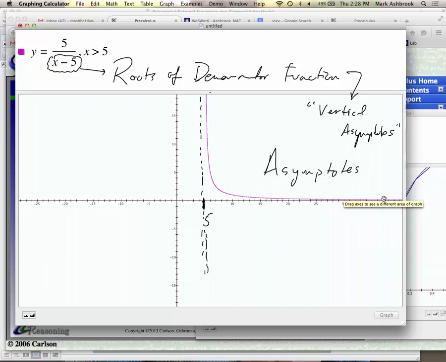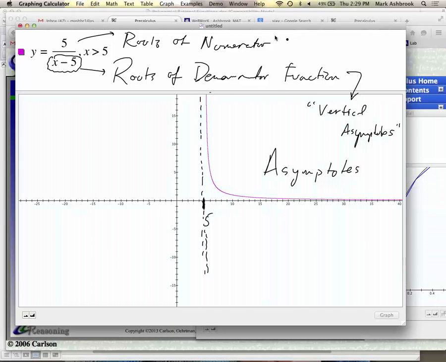All right. So the roots of the function will be the roots of the numerator. So where this function has zeros, the output is 0, will be the roots of the numerator. And then the roots of the denominator will be the vertical asymptotes.